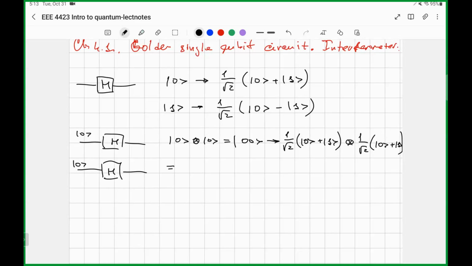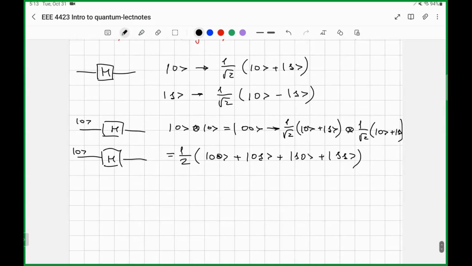If I expand the parentheses, I get 1/2, and then state 0 0 plus state 0 1 plus state 1 0 plus state 1 1.